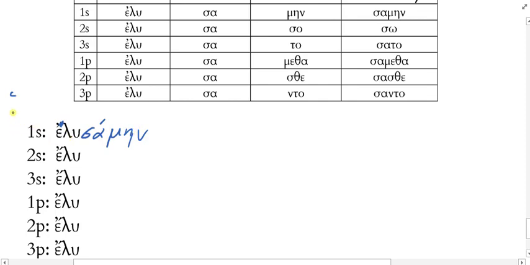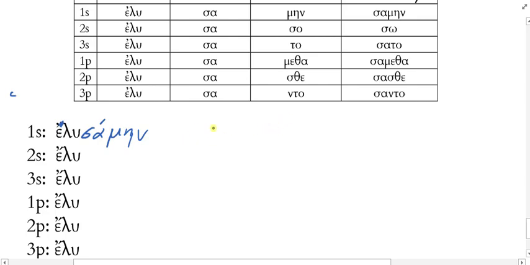Don't think the middle voice means only the reflexive idea, where you literally act on yourself. You can also act in your own interest. So many people, as a way of translating the middle voice, will translate it as something like "he or I blanked for oneself."